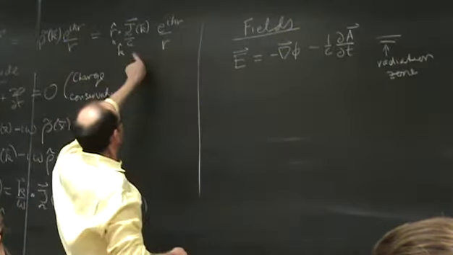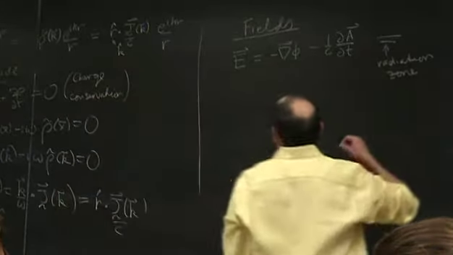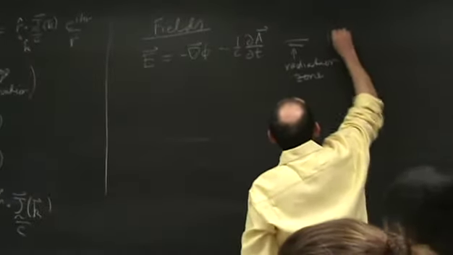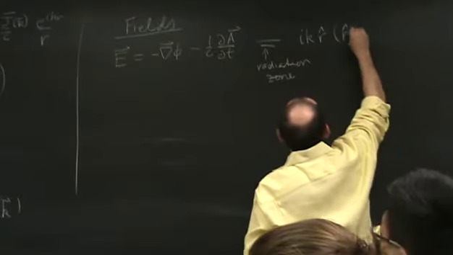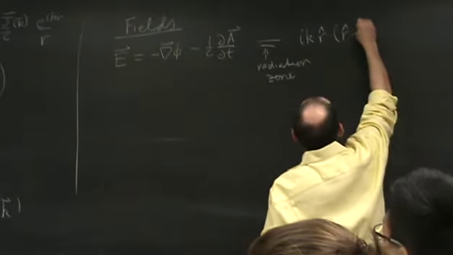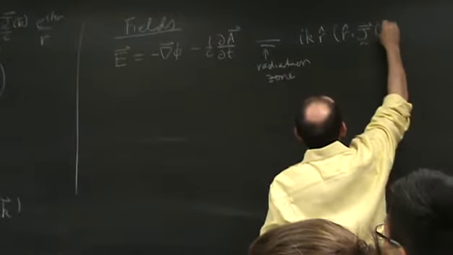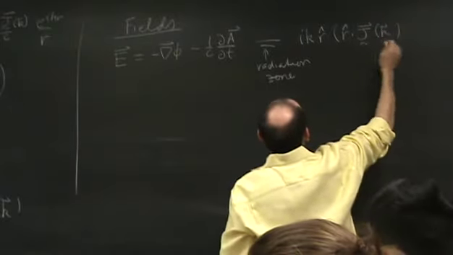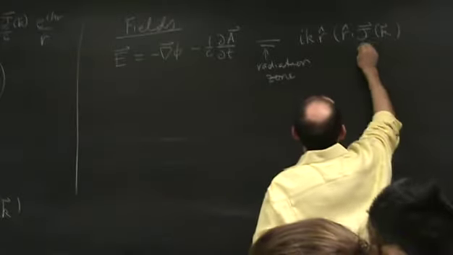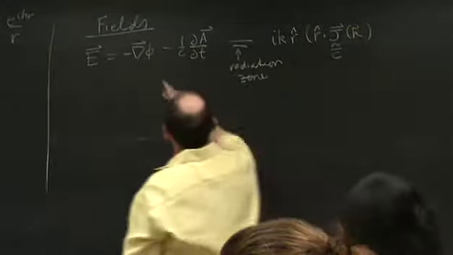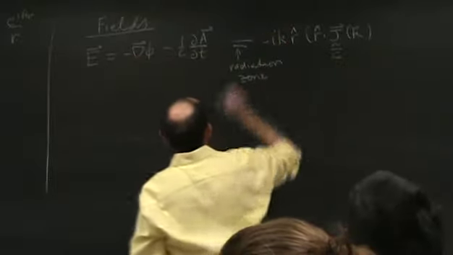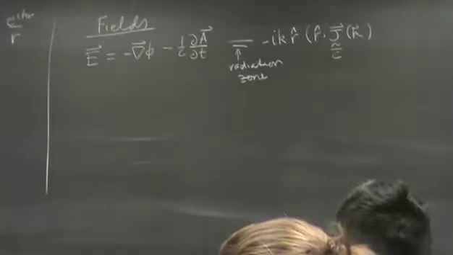So the gradient then again becomes a multiplication by ik. So that's the gradient of the scalar potential, and then I have to have a minus sign. Okay?